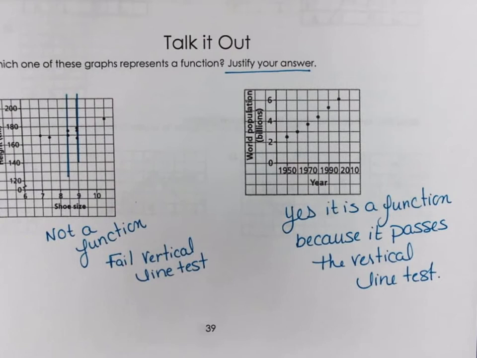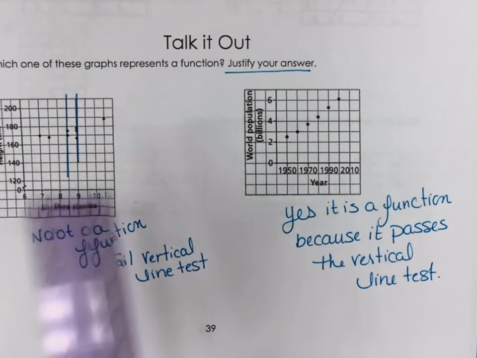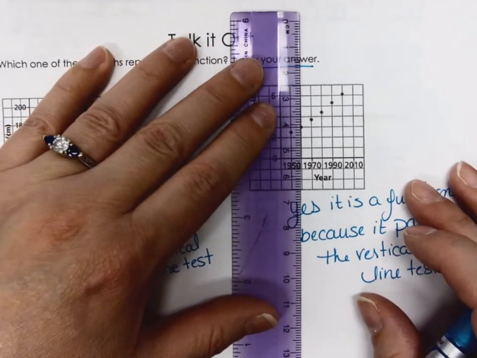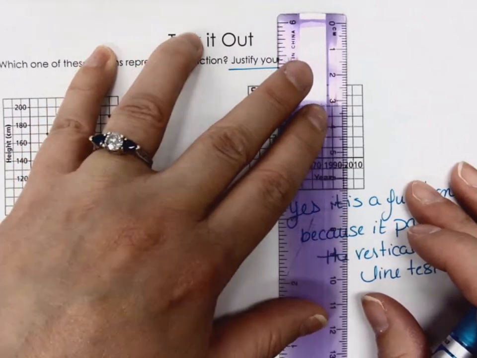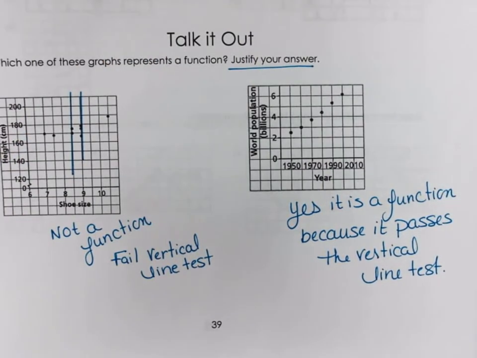Yes, it is a function because it passes the vertical line test. If I were to put vertical lines all over this, I would only hit dots once. I wouldn't hit them multiple times.